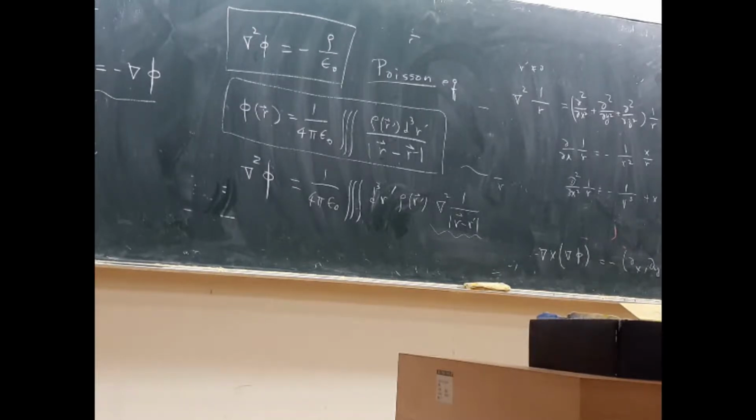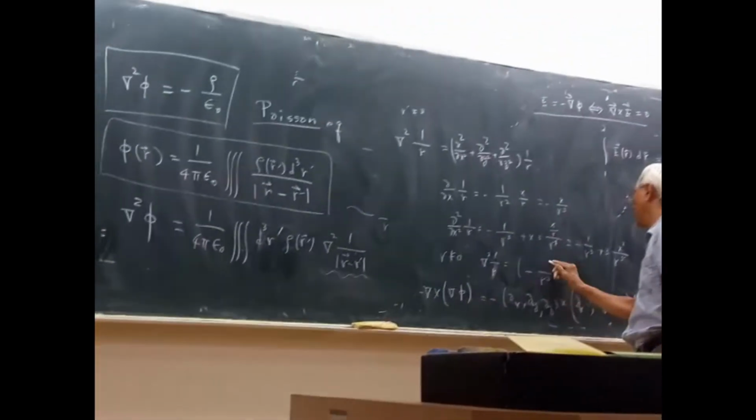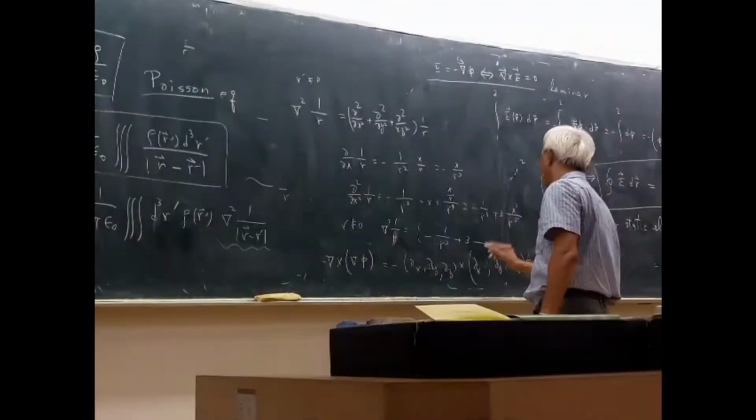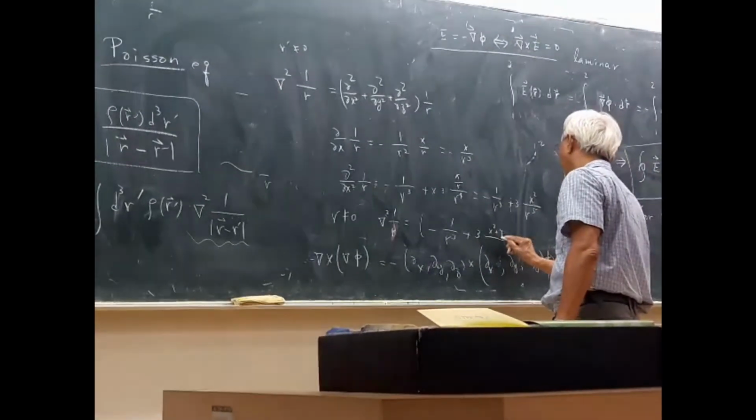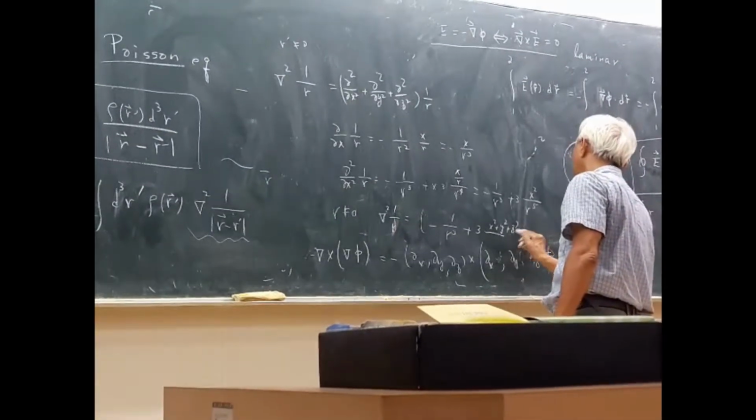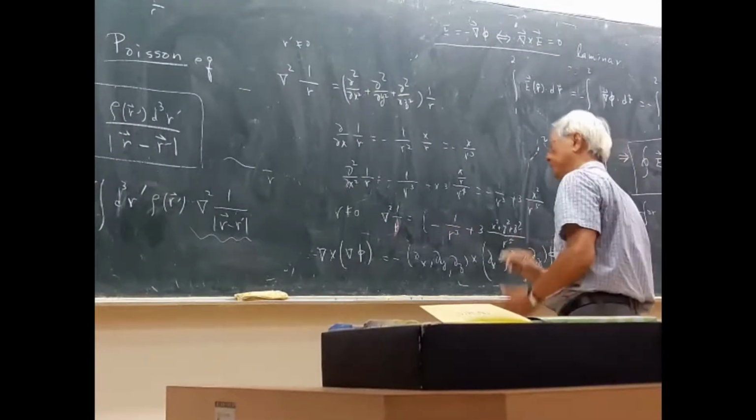So again, when r is not 0, we have Laplace of 1 over r equal to 3 plus 3 times x squared plus y squared plus z squared over r to the 5th.